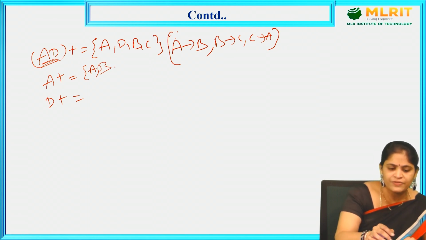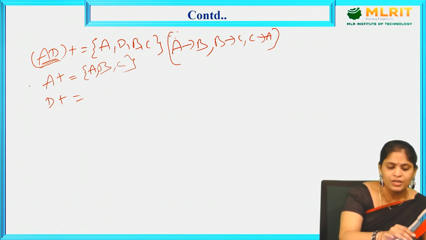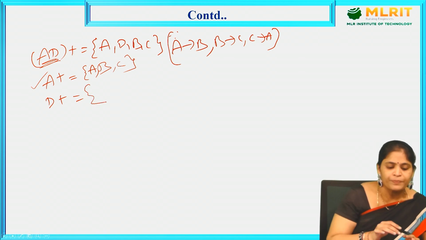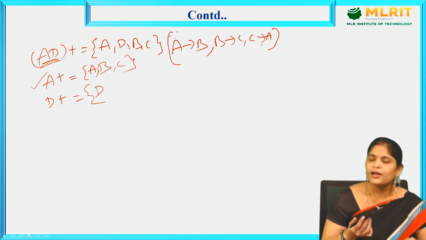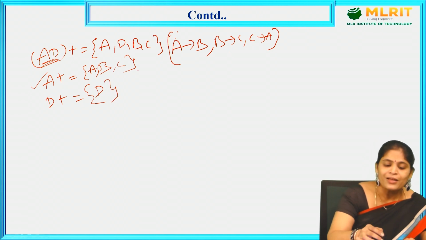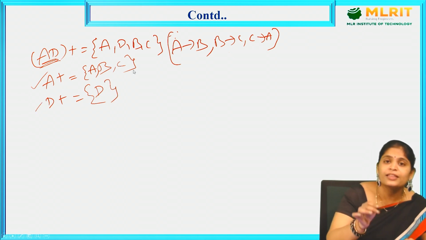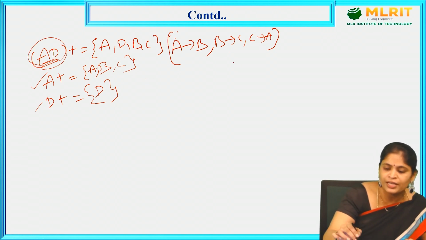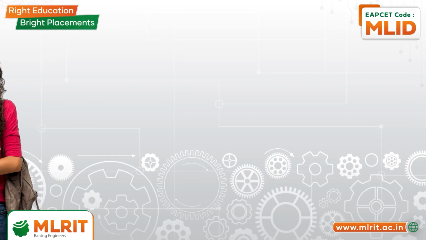Yes, B derives C. C derives A, which has already been included. So, enough. Next, D. We have to include D. Whether D derives anything from these dependencies? No. So, only D. These subsets do not contain all the attributes. That is why AD is called a candidate key. One key which I have obtained is AD, the candidate key.